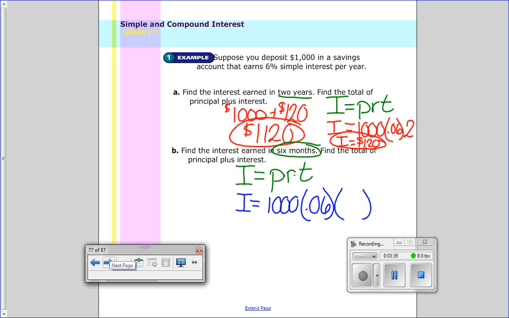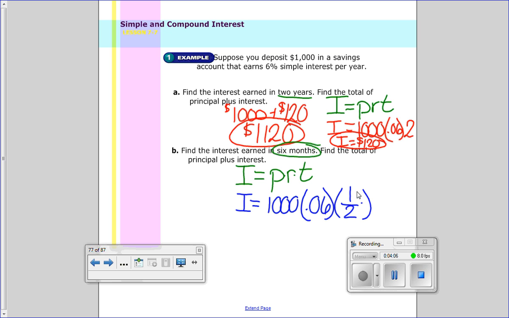So when we use this T, we can't put in the number 6 because then it's taken as if it's 6 years instead of 6 months. So we need to go ahead and think of this as 6 over 12 because there are 12 months in a year. So you'd have 6/12 or 1/2. If you simplify it, which I probably should simplify it to 1/2. But again, that comes from that 6 out of 12 months. So 6 divided by 12 is 1/2 or 5/10.